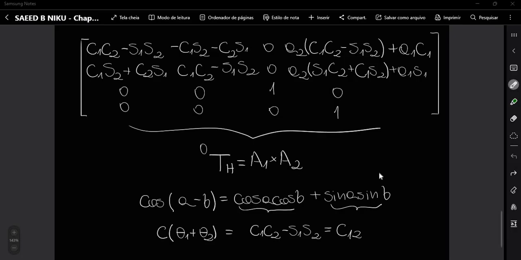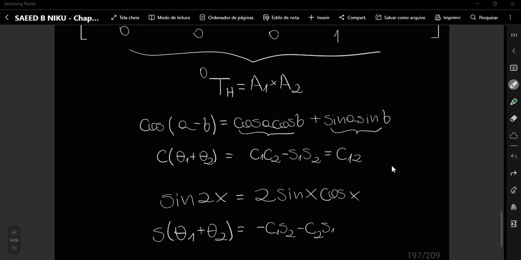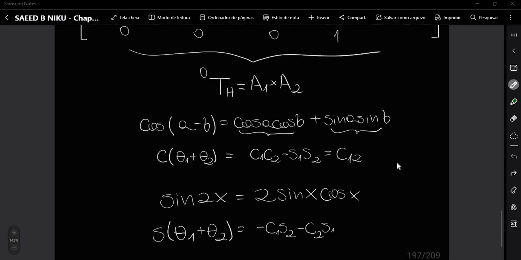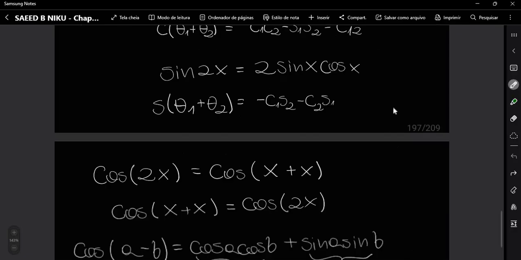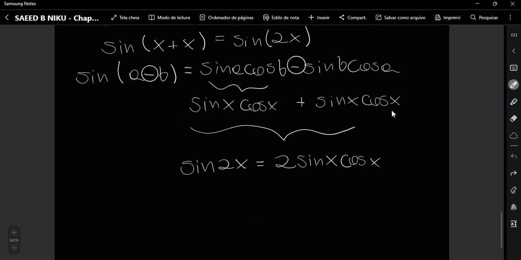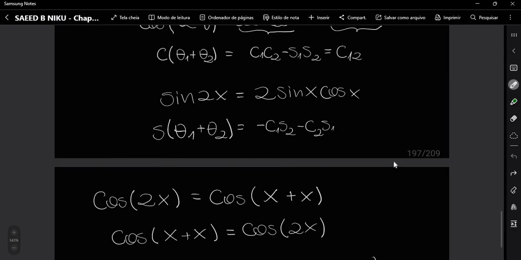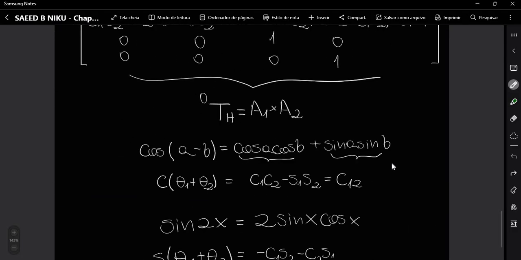The book doesn't make it explicit how it was done, but it's very easy. It's just a property of trigonometry, and I called it an identity, but actually it is a property. So let me explain again and we can finish this example.